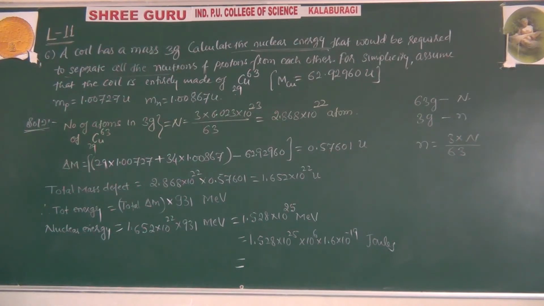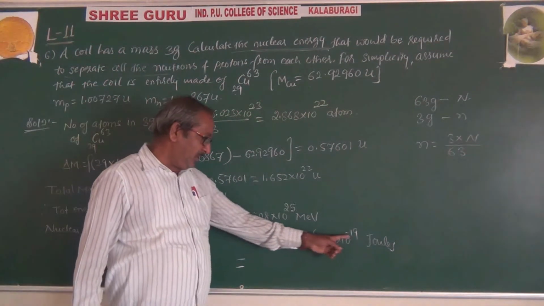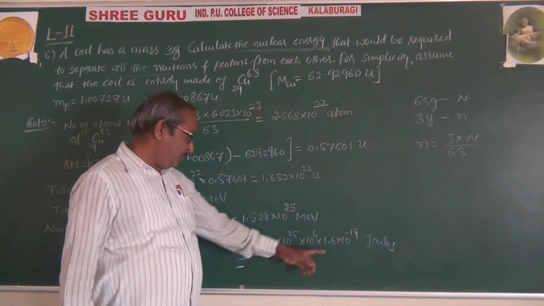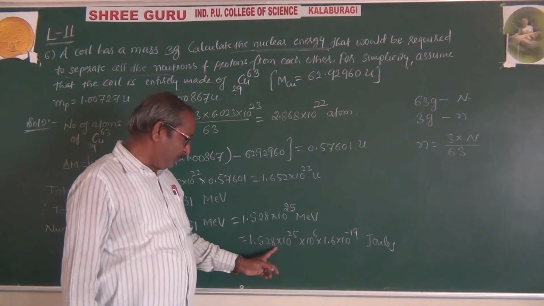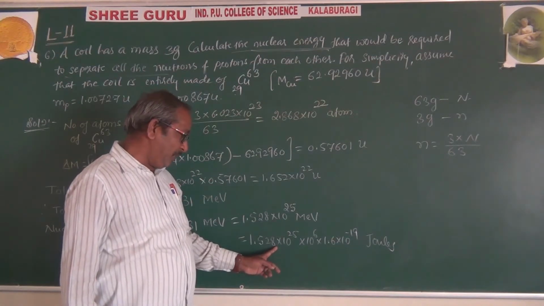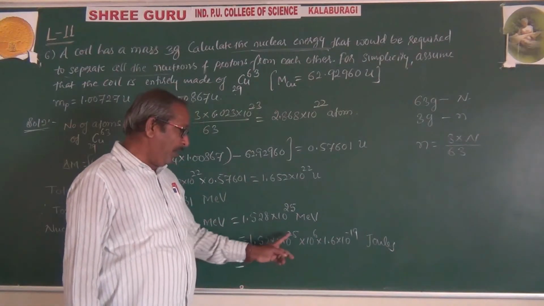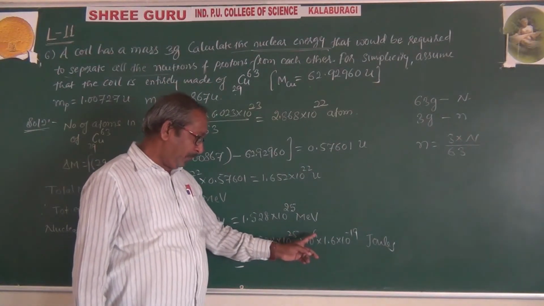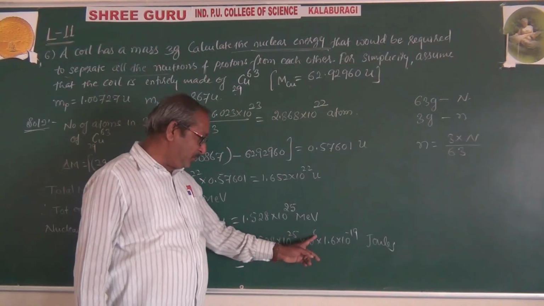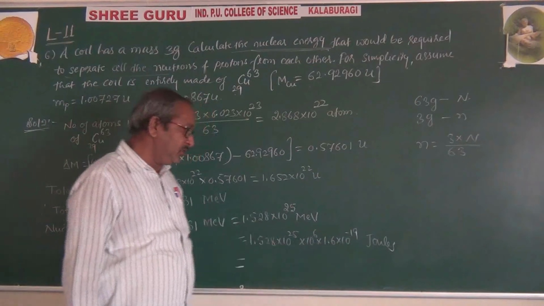And that is approximately we get in the order of 10 raised to 25 plus 6 is 31, 31 minus 19 is 12. 1.6 into 1.528, nearly 2.5.